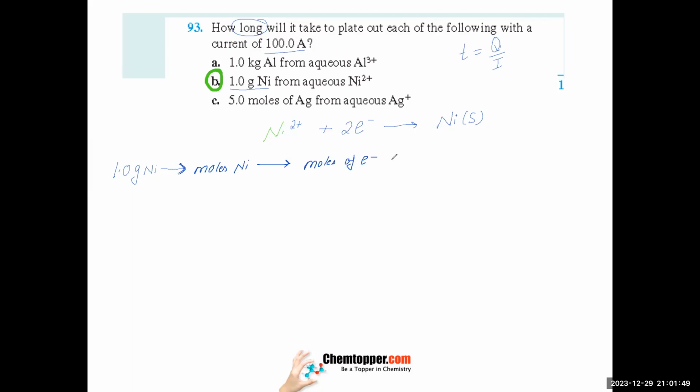Moles of electrons to charge, coulombs, then to time. You'll divide this charge by I, the current. You get the time in seconds because we are using all SI units. Is it okay?